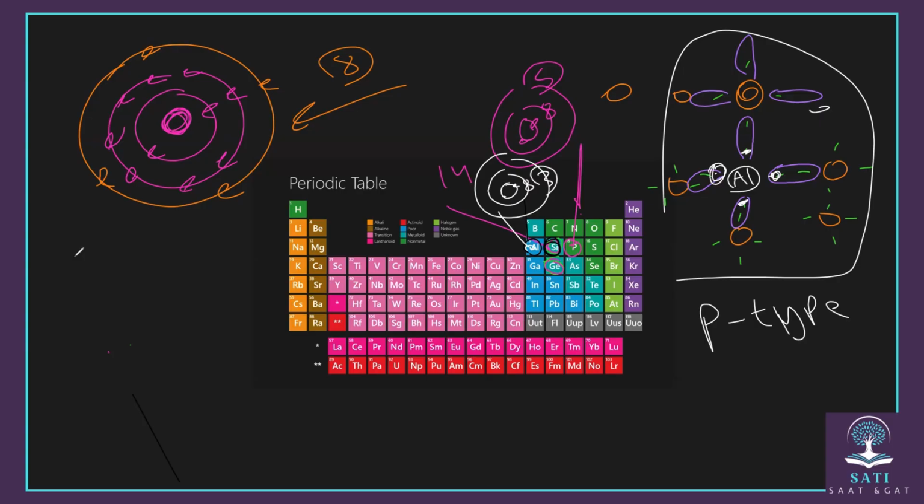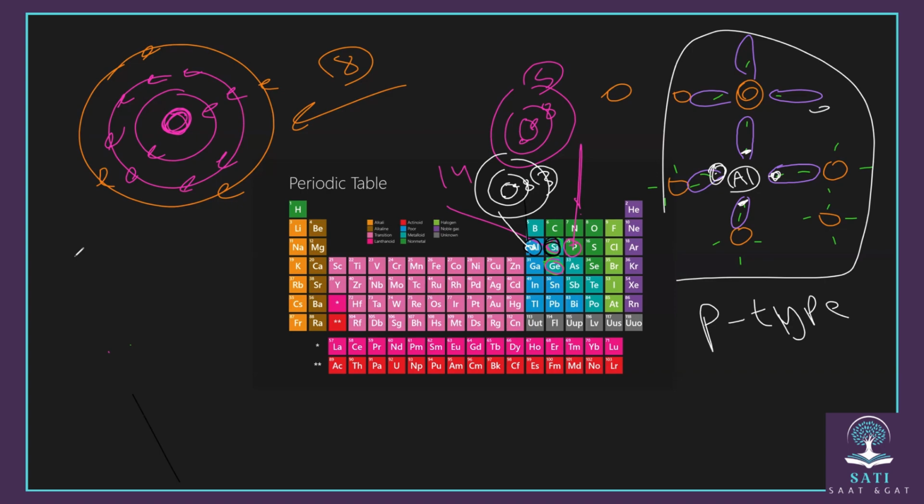So either we have P type or N type. It happens in what we call extrinsic semiconductors, due to the addition of impurities, either with a higher number of valence electrons, which makes N type, or with a lower valence, like the aluminum we added here, which makes P type.